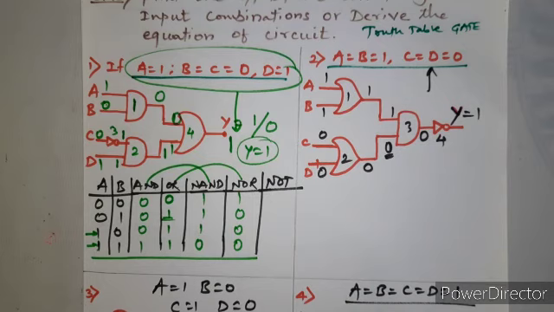Mark my word, that is going to be a very interesting concept. Just keeping this curiosity about Boolean algebra, I leave you with that curiosity, and in the next lecture we'll try to cover the concepts of Boolean algebra.